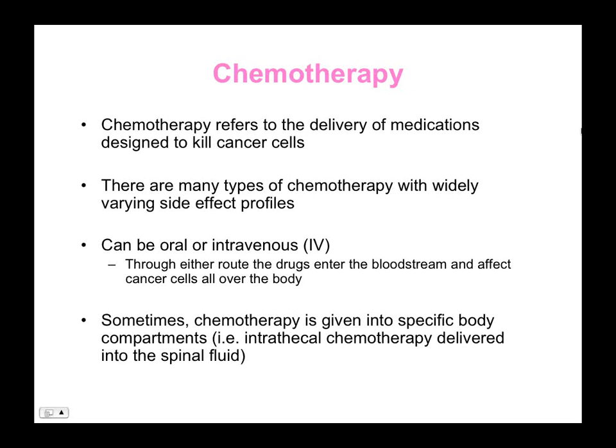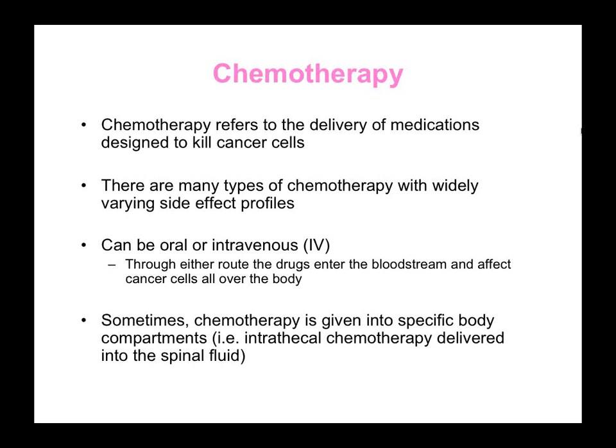So chemotherapy, I think most people are familiar with chemotherapy, and this just refers to the delivery of medicines of various types that are designed to kill cancer cells. So there are many, many types of chemotherapy, and they have very widely varying side effect profiles. Chemotherapy can be oral or, again, intravenous, but whether they're given oral or IV, in both cases, they enter the bloodstream and they can affect cancer cells all over the body.